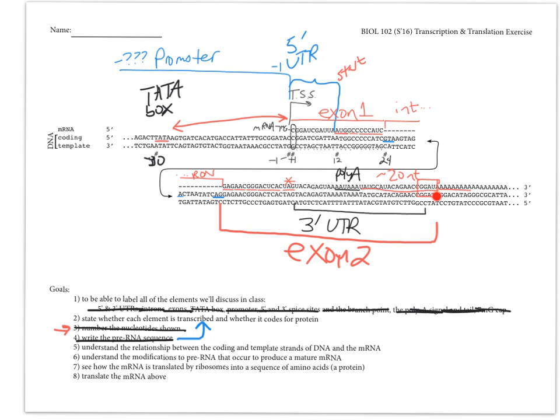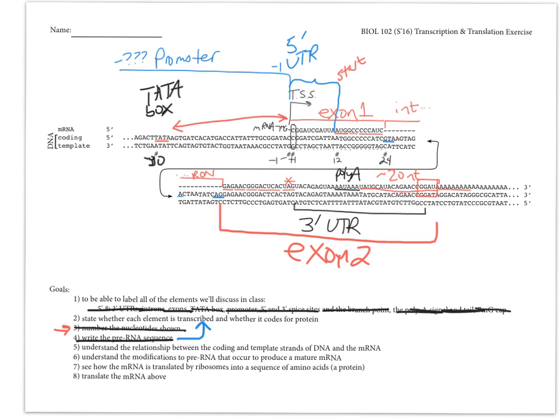So that's the pre-mRNA sequence, and that is everything that's transcribed. Okay, yeah, that makes sense. That's why the splice sites are transcribed, because they're in the pre-RNA. Right. Okay. So that's the main point of my asking that question, is that sometimes students get the idea that introns aren't part of the messenger RNA molecule, or the RNA molecule originally. So I'm just trying to reinforce that, yes, RNA polymerase does go through the process of making a transcript that includes all of these introns, and then the cell just goes ahead and cuts them all out.